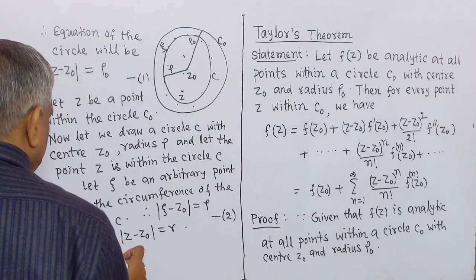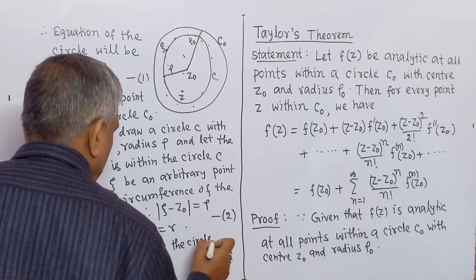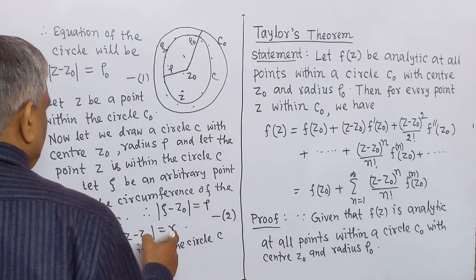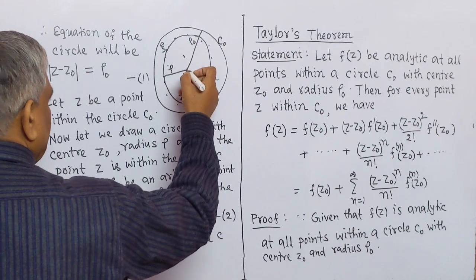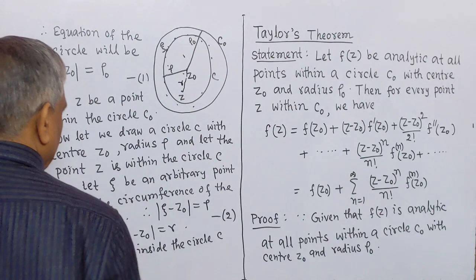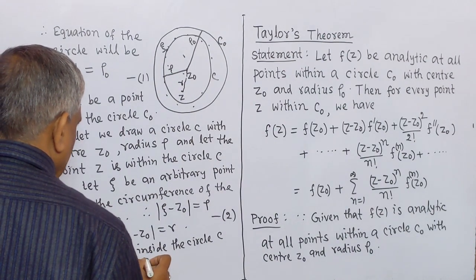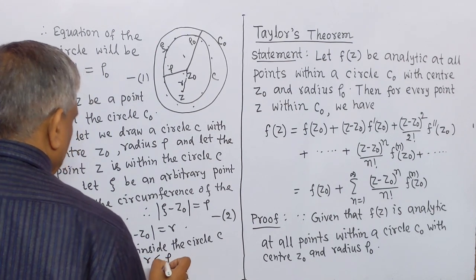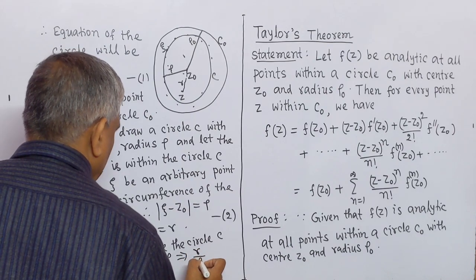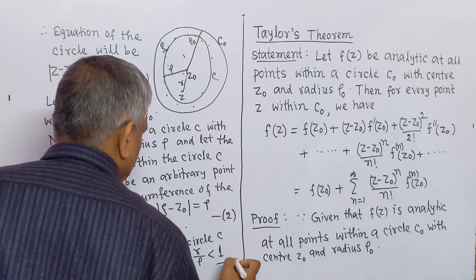Since z is inside the circle C, therefore r, this distance r, is less than rho. Therefore, r less than rho implies that r by rho is less than 1. Let this be number 3.